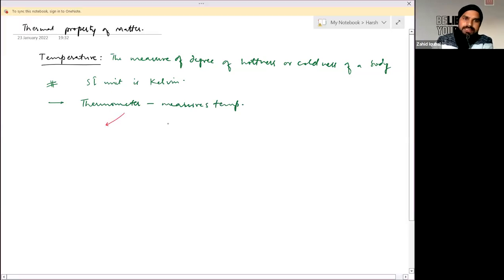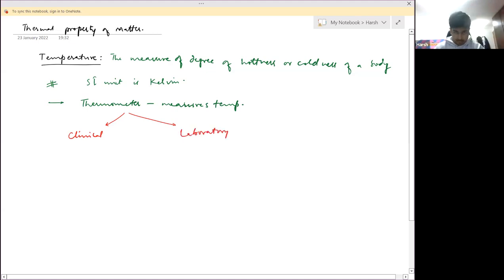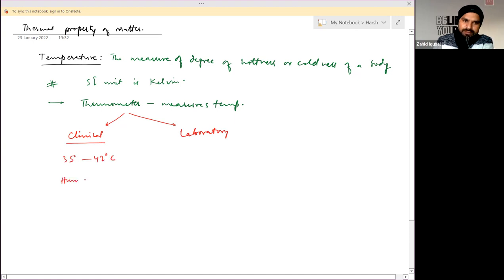First is called clinical and second one is called laboratory thermometer. Clinical thermometer ranges over the body temperature of human beings, that is from 35 degrees Celsius to 42 degrees Celsius only, in between human body temperature.